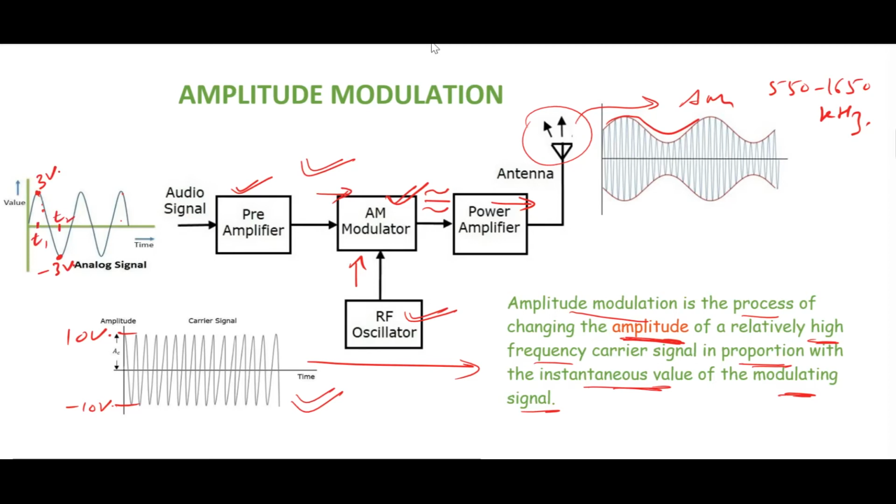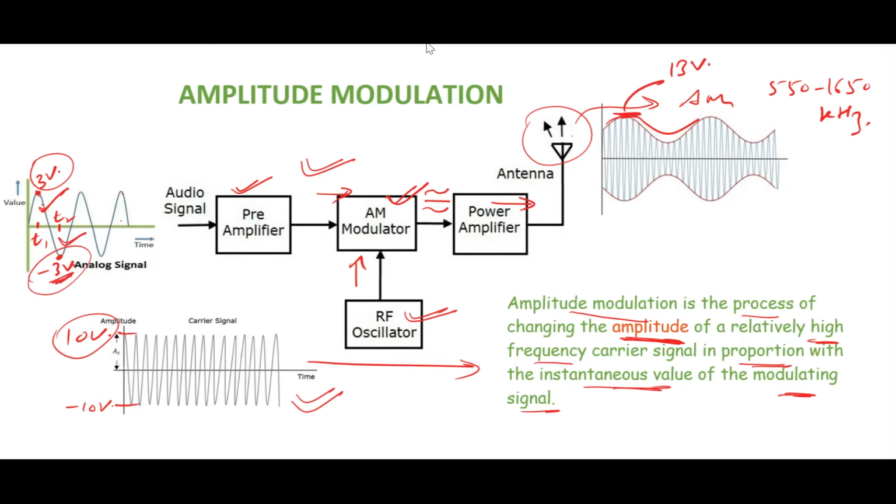Now for a positive going modulating signal, this amplitude of 3 volts will get added to the 10 volts, so it will become 13 volts. And if the modulating signal is going negative, and suppose we are at T2, its value is minus 3.